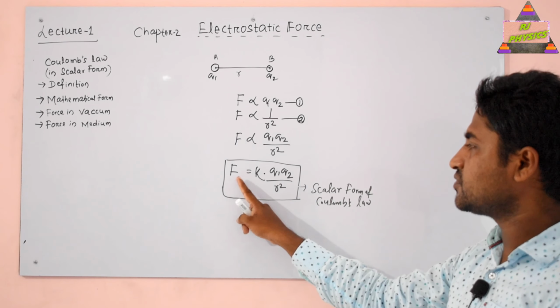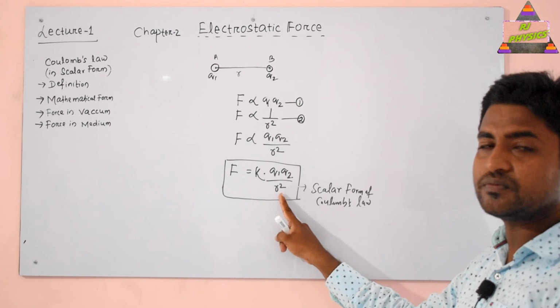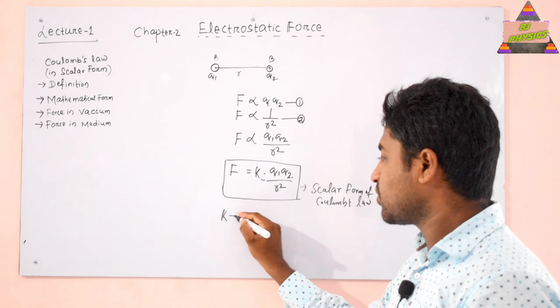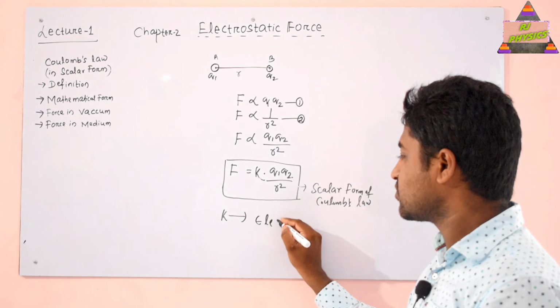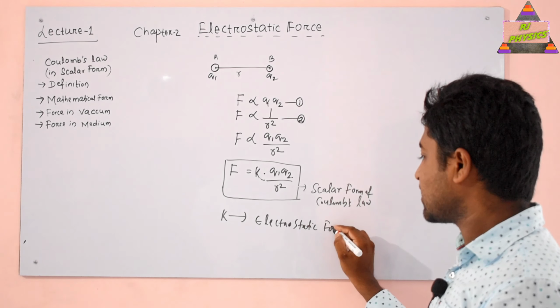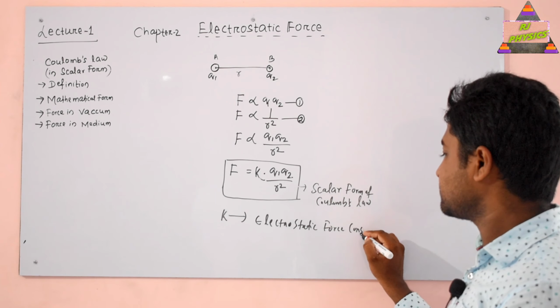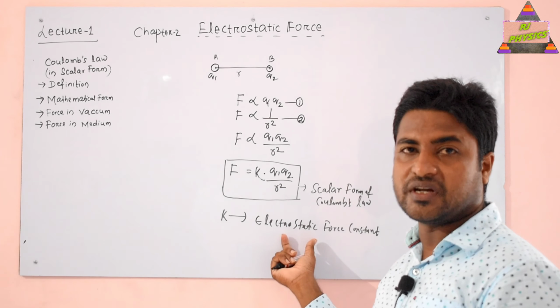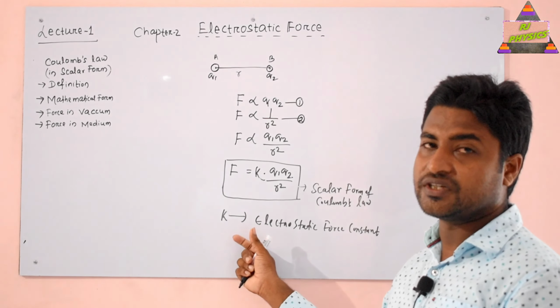So in general we have to use F is equal to K Q1 Q2 divided by R square, where K is a constant of proportionality called the electrostatic force constant. This electrostatic force constant depends on two things.